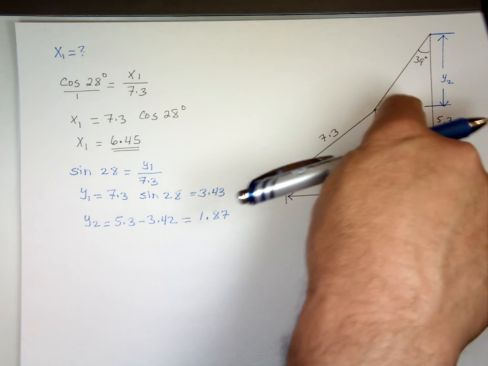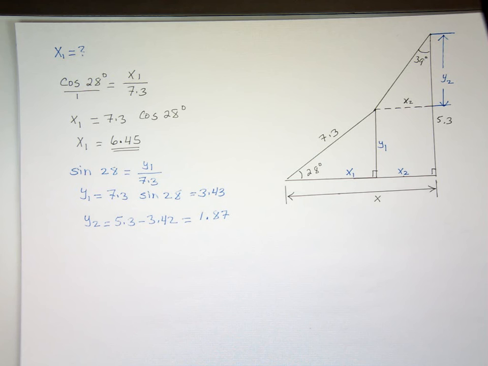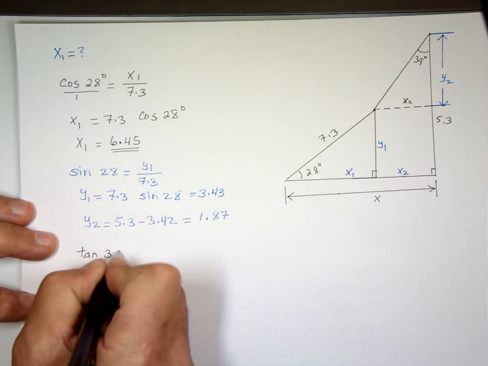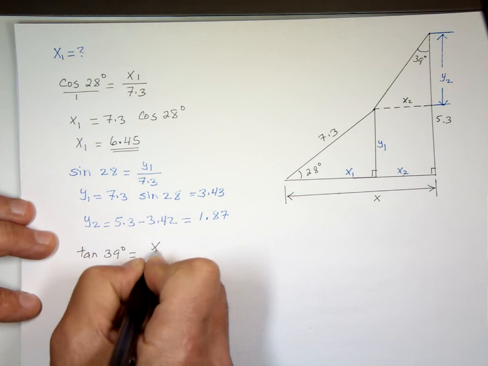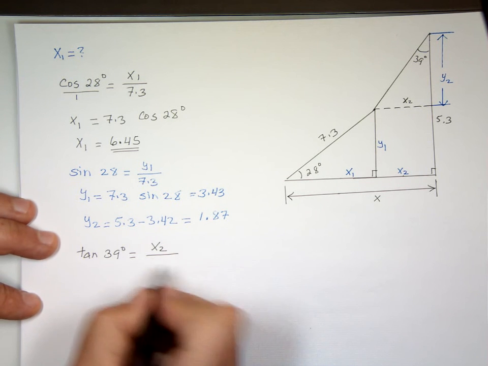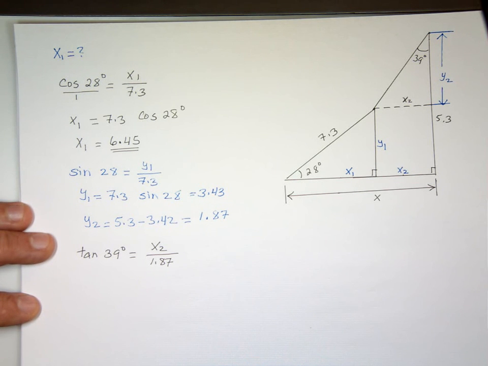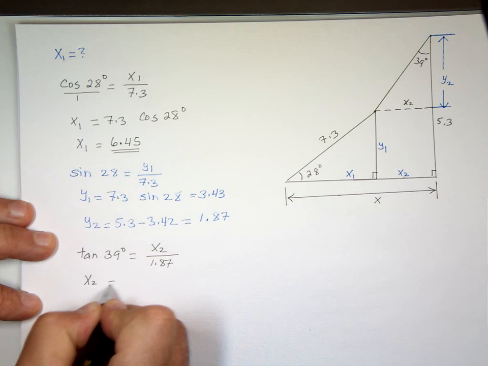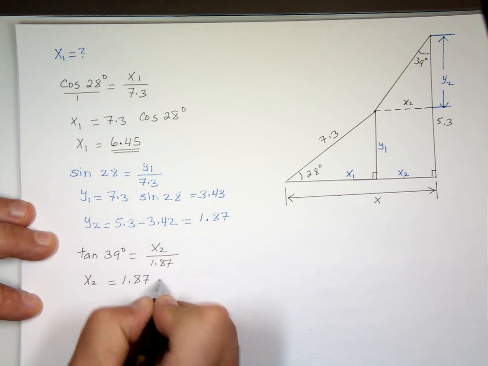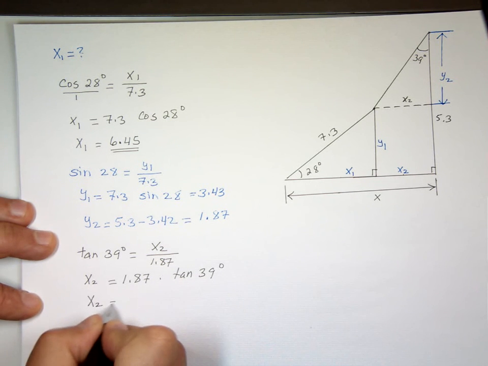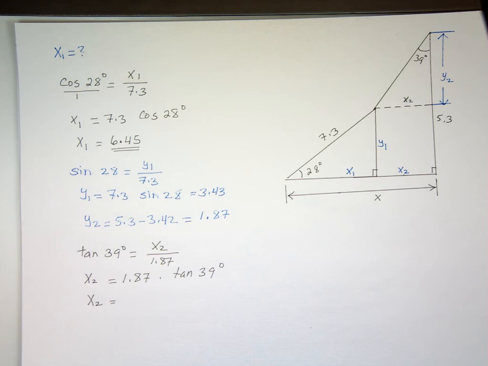Which trig identity? Tangent. Tangent 39 equals the side that's opposite, which is x sub 2, over the adjacent, which is y sub 2, and that's 1.87. x sub 2 is going to be 1.87 times tangent 39 degrees, which is 1.51.